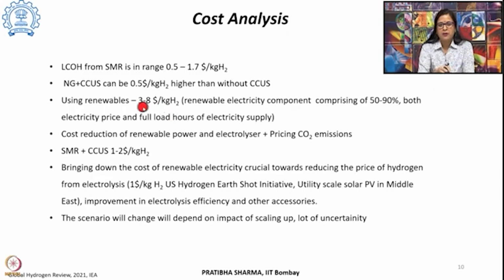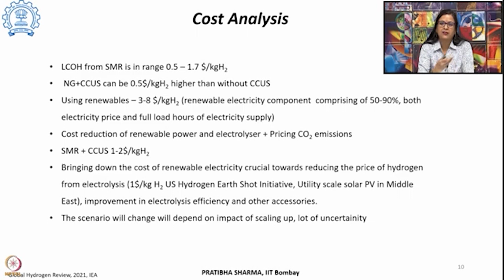And this gap between the cost of hydrogen being produced from reforming and from renewables will decrease with the reduction in the cost of renewable power as well as the decrease in the capex cost of the electrolyzer. There is another way in which the cost gap between the two methods will reduce, which is when carbon dioxide emissions are priced.